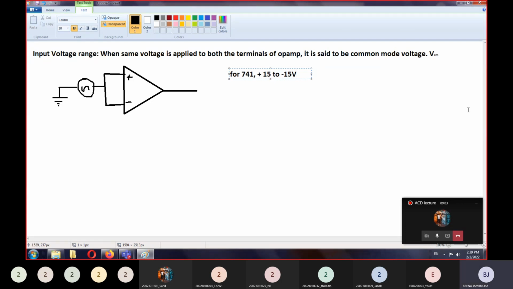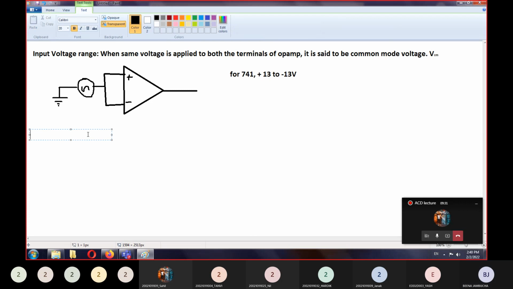Sorry, it is 13, not 15. This value is 13 because 15 is for 714. For 714, this value will be 15. So is it clear? Input voltage range is the maximum voltage which can be applied between the input terminals of the op-amp.